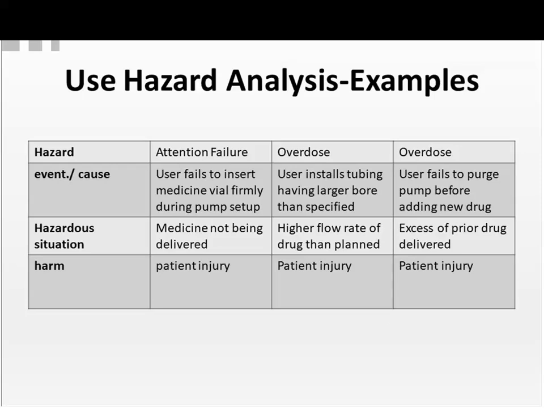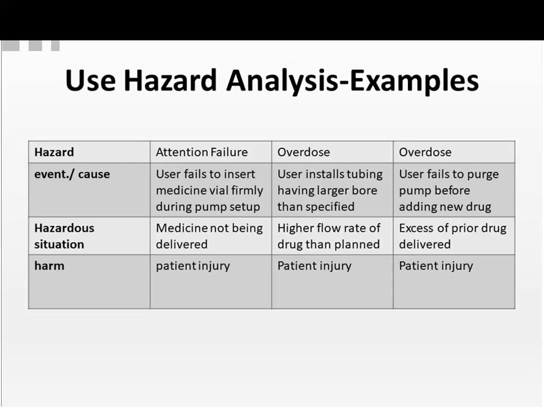That's the left-hand column. So a hazard might be attention failure. The event, a user fails to insert a medicine vial firmly during the pump setup. The hazardous situation is the medicine not being delivered, and the harm is patient injury.